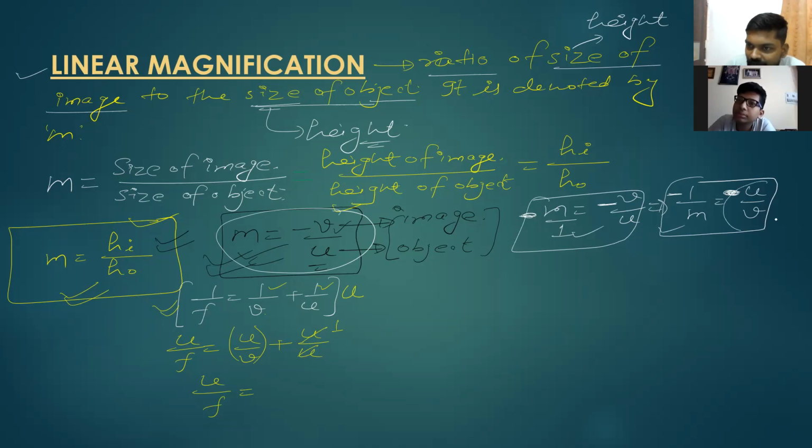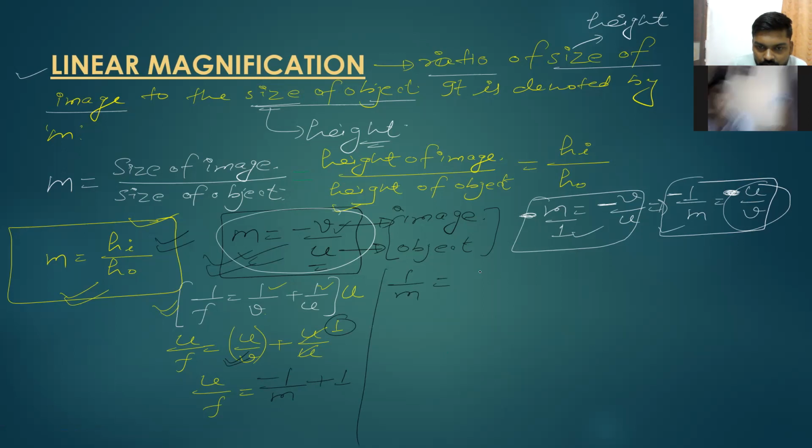So in place of u upon v, we can write minus 1 upon m, and this one is same, plus 1. Is it okay or not? Okay. So this equation is also written as 1 by m is equal to 1 minus u upon f.